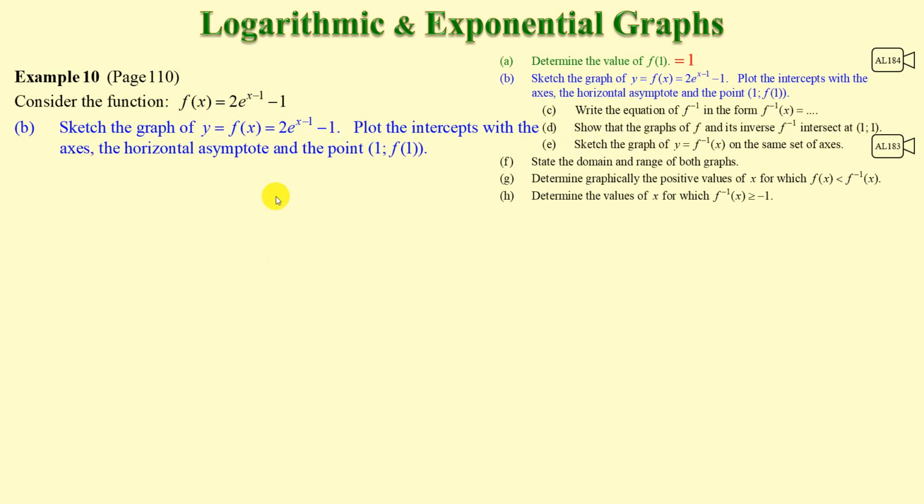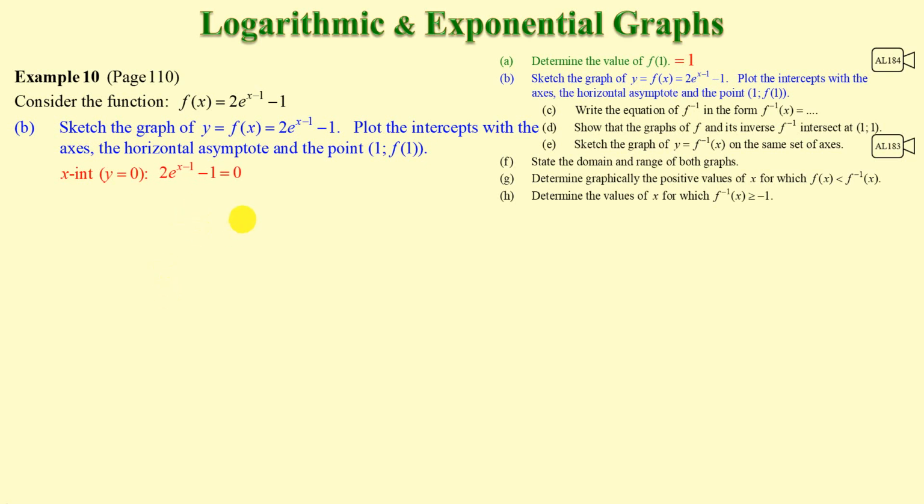So now we're going to be sketching the graph, this very graph here. We have to plot the intercepts with the xy axis, the horizontal asymptote, and that point. The x-intercept occurs when y is 0, which means f of x is 0.